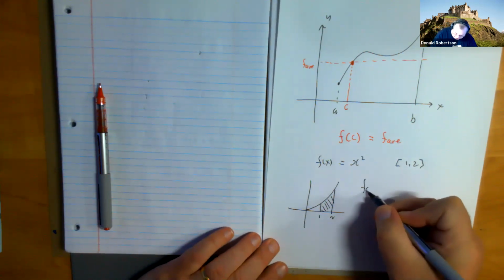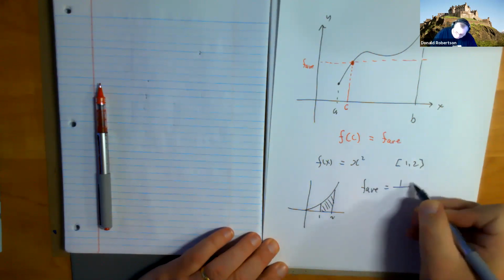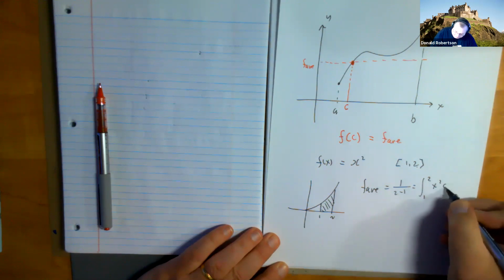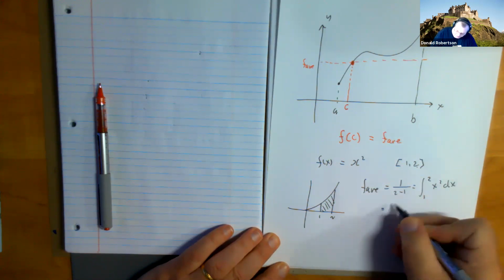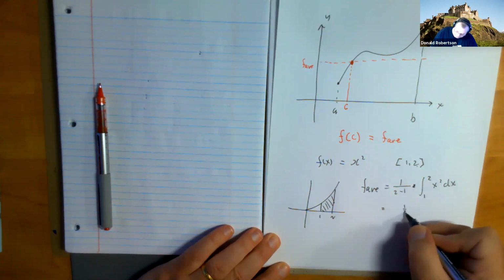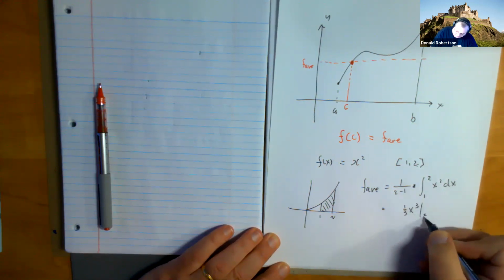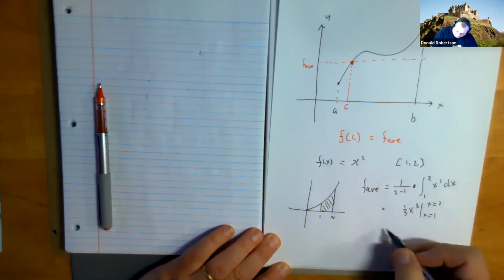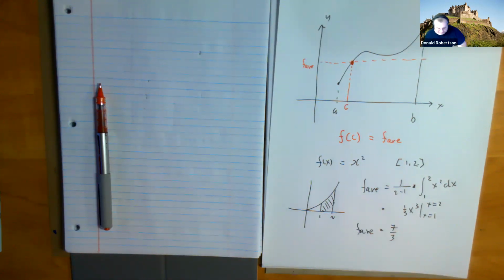So its average value is 1 over 2 take away 1, times the integral from 1 to 2 of x squared dx. That's nice, that's just a 1. That's going to be 1/3 x cubed. 8/3 take away 1/3. The answer, I know it's really fast, is that the average value of this function is 7/3.